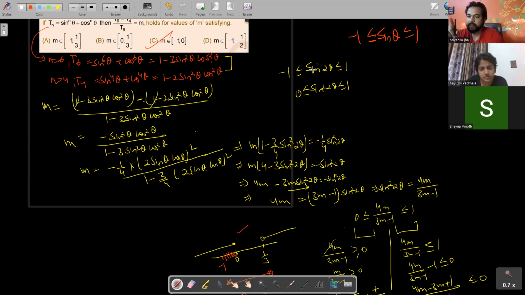When you square any term, that square cannot be negative. So the minimum value of the square of anything is 0, and the maximum value cannot go beyond 1. That's why sine square theta always lies between 0 to 1. Got it. Done? Noted? Yes, sir.